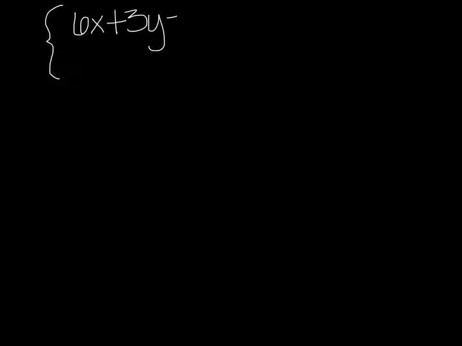All right, let's start with our system. The system is going to be 6x plus 3y equals negative 9 and 5x plus y equals negative 9. Now notice neither of these equations in this system are ready to substitute.